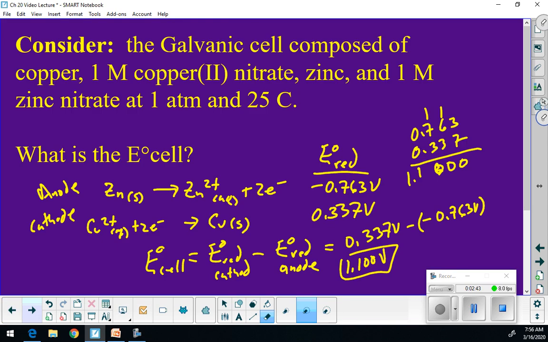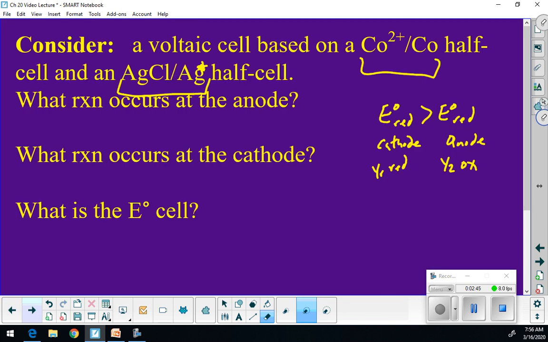Here we go. So, what did I say? My higher one is a 0.222. So that means my silver chloride to silver is going to occur at the cathode specifically.